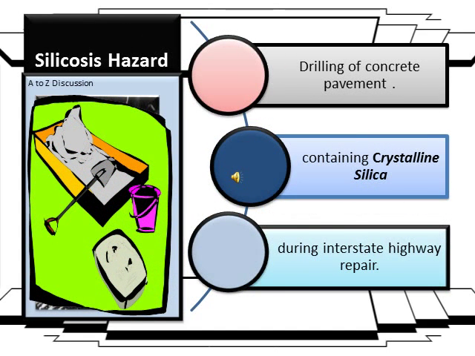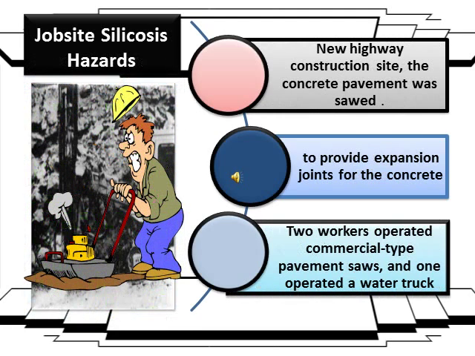Drilling of concrete pavement containing crystalline silica during interstate repair is a potential silicosis hazard. When a new highway construction site opens, a concrete pavement will be sawed to provide expansion joints for the concrete. Two workers operated commercial type pavement saws and one operated a water truck.